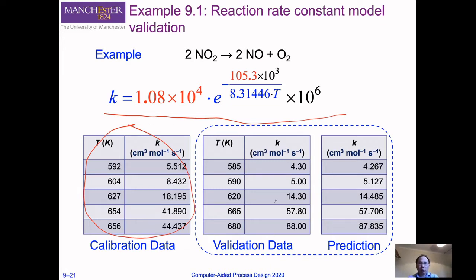For model validation, we need to create another set of data. This data is called validation data. You can see the validation data is completely different from the calibration data. And then, based on the validation data, we can get the predicted value for reaction rate constant.